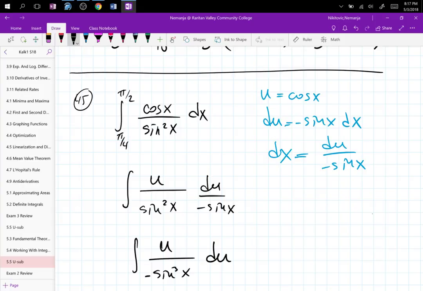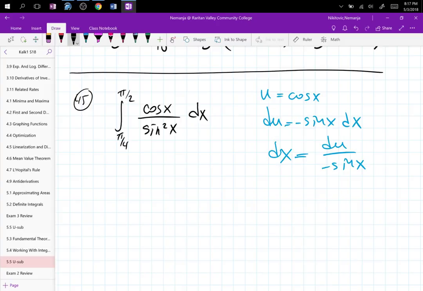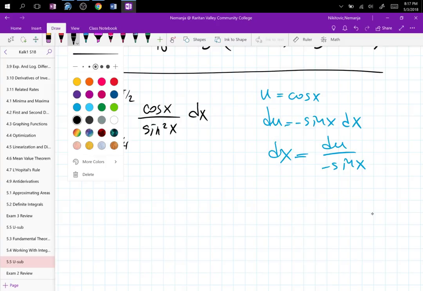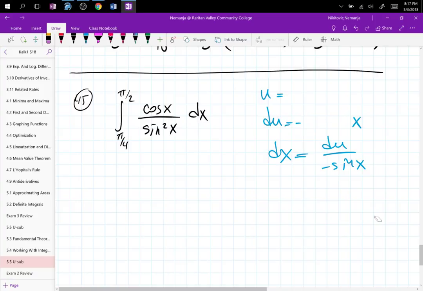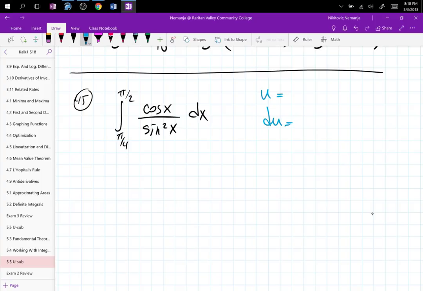So what am I going to do instead? I'm going to try and put sine in here and see if that's going to fix the issue. And it should, because it's either u is cosine or u is sine. There is no third choice. But let's try with sine x.